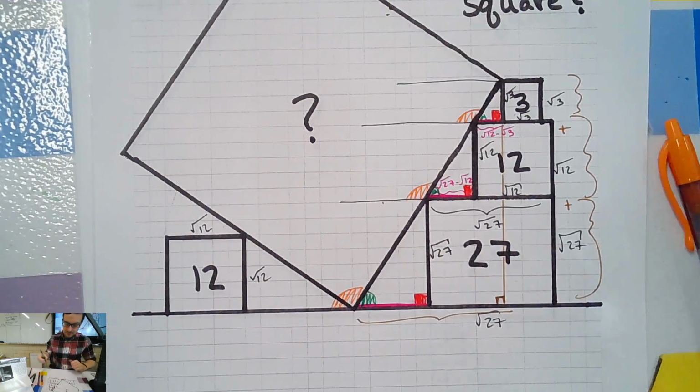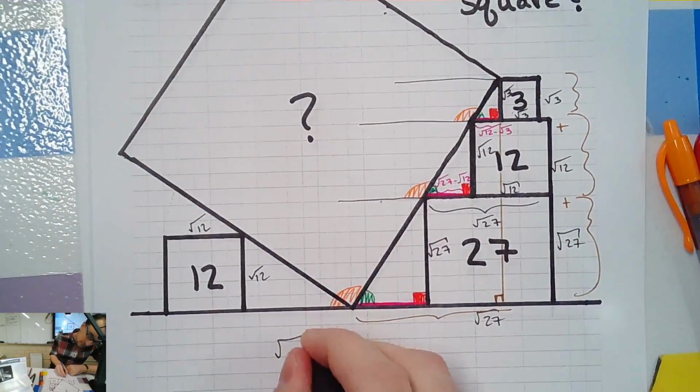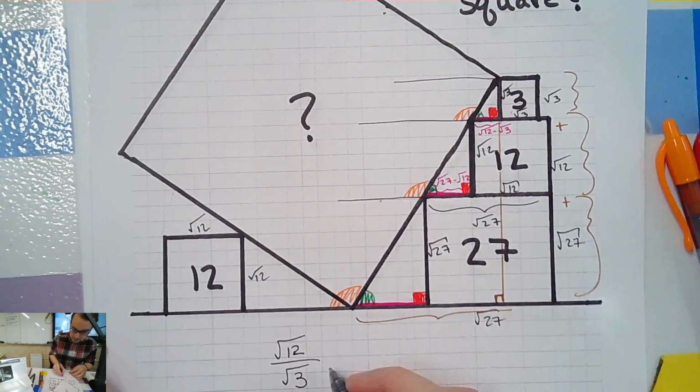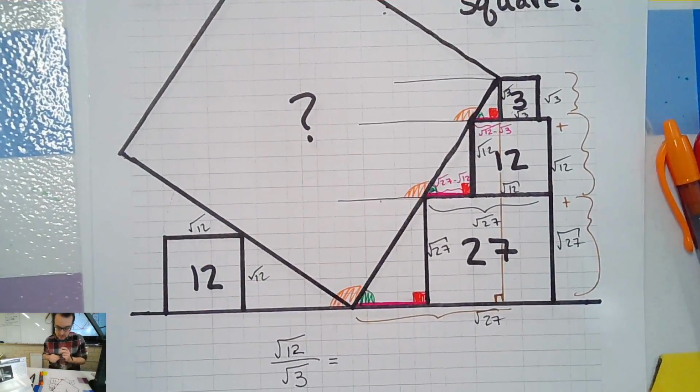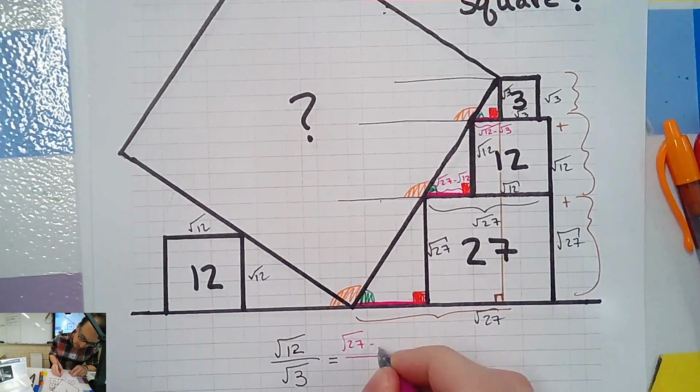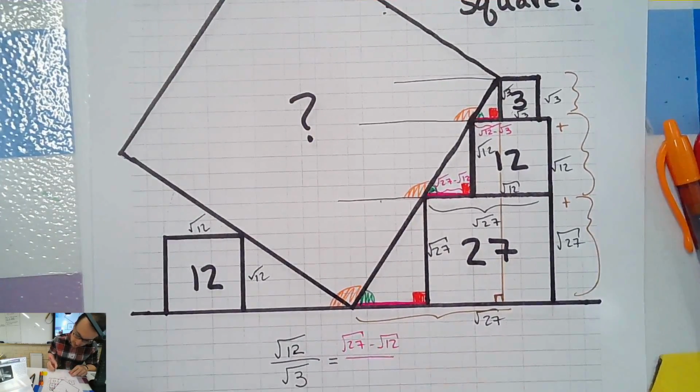So let's do medium. So medium is root 12, and it should relate to root 3 on the small triangle. And on the big triangle, root 27 minus root 12 should relate to root 12 minus root 3.